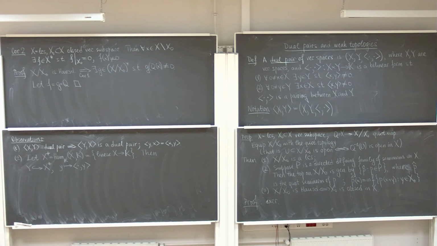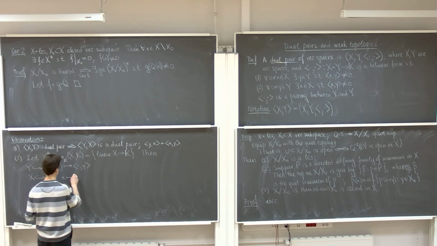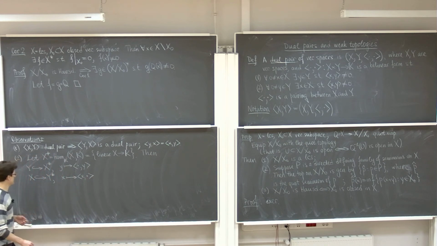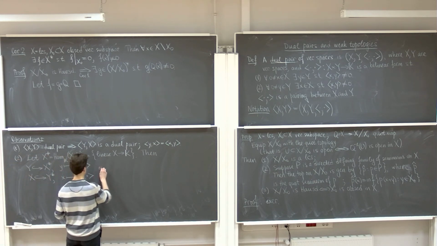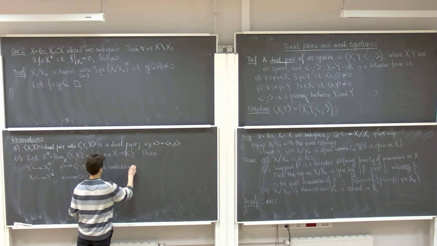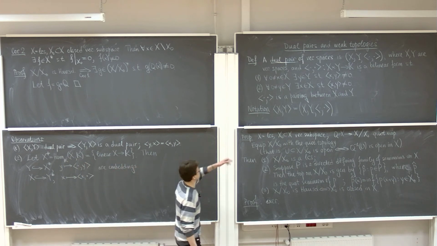And symmetrically, x becomes a vector subspace of the algebraic dual of y by means of the following embedding. So these maps are embeddings. This follows from our axioms.